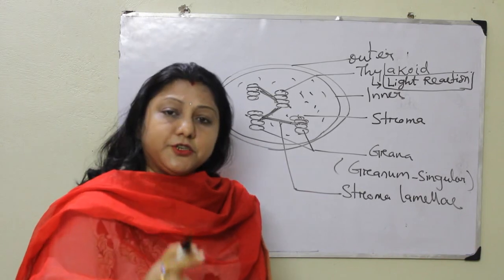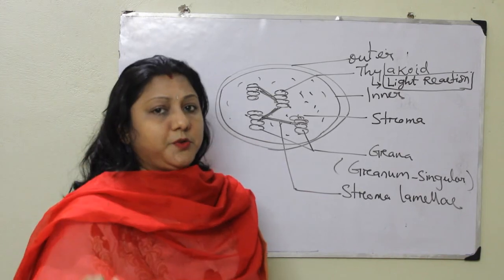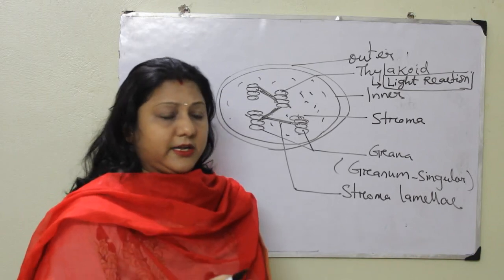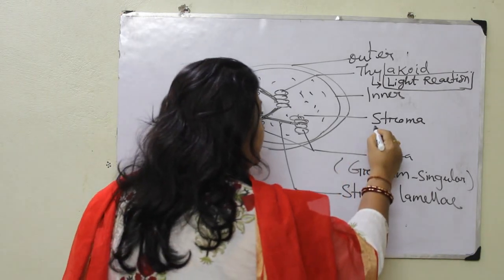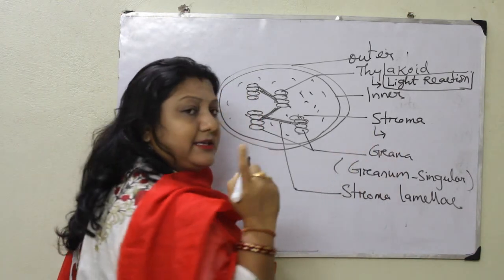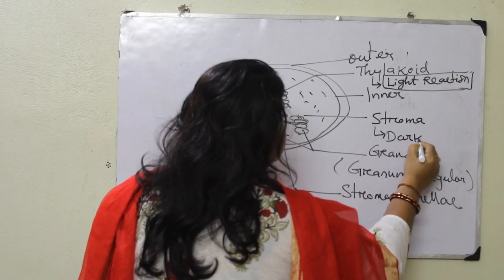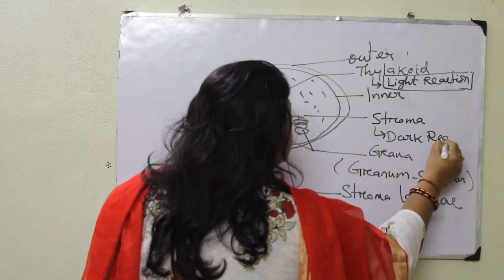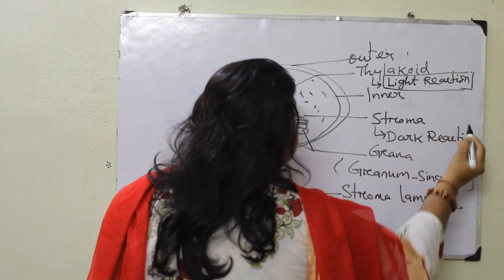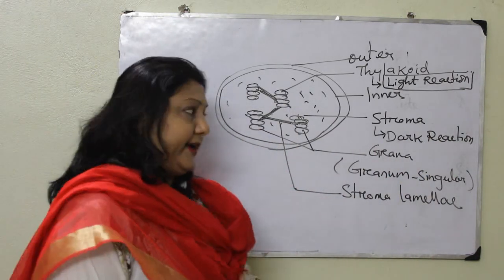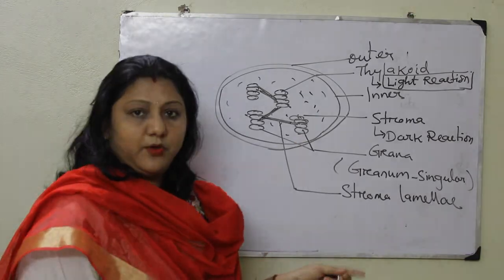This is the third stage, and it comes under the dark reaction. The stroma is the location of dark reaction. So this gives us a detailed idea of the structure of the chloroplast.